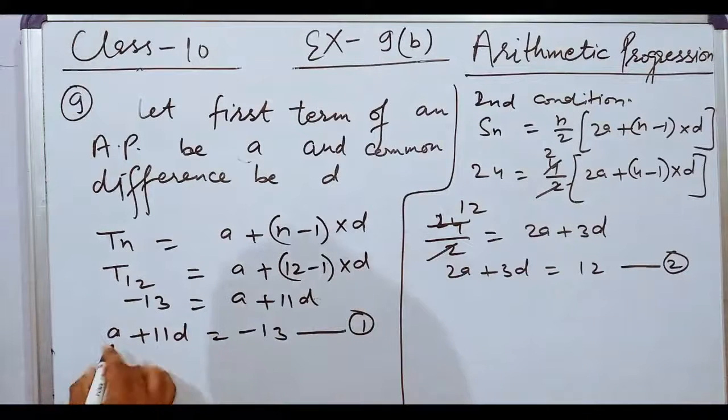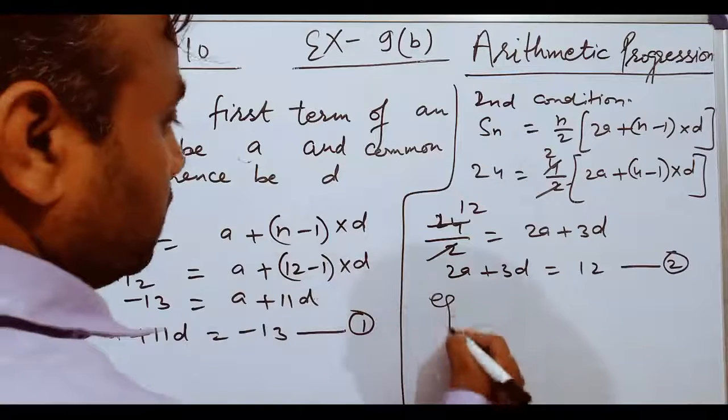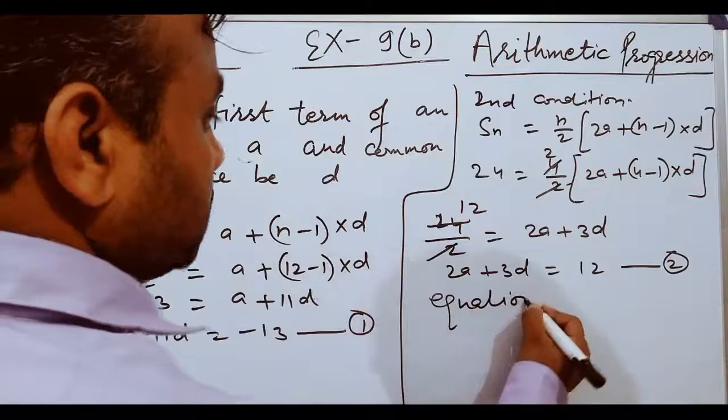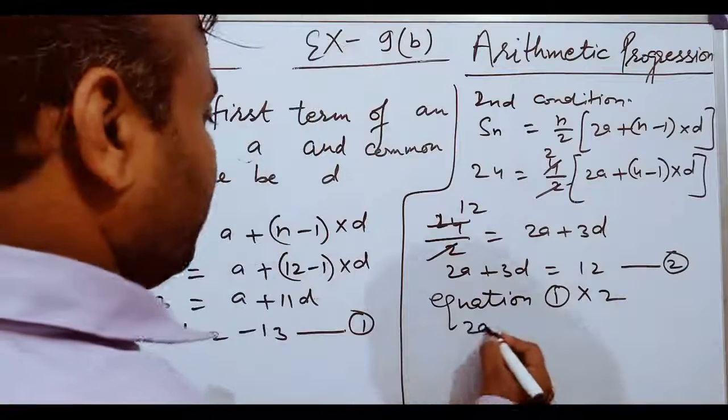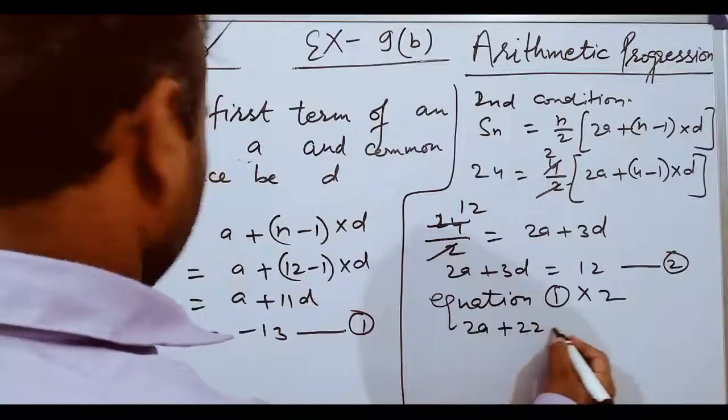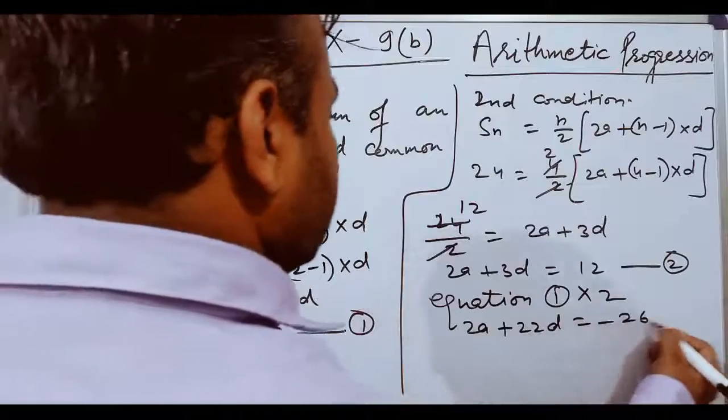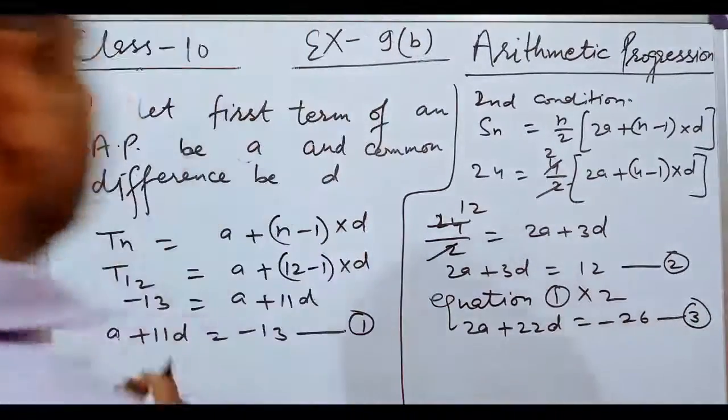For solving, we'll multiply equation 1 by 2. Then 2a plus 22d equals minus 26. This is equation number 3.